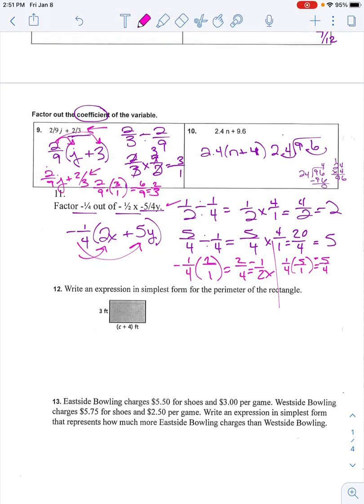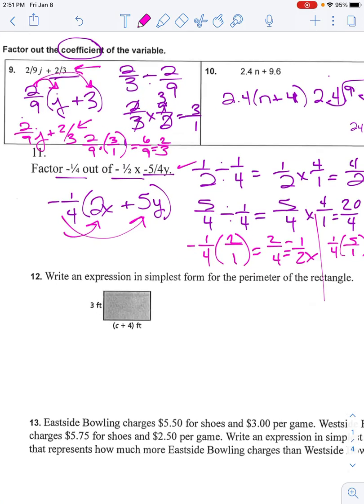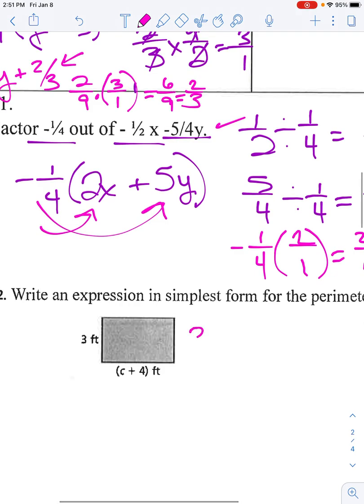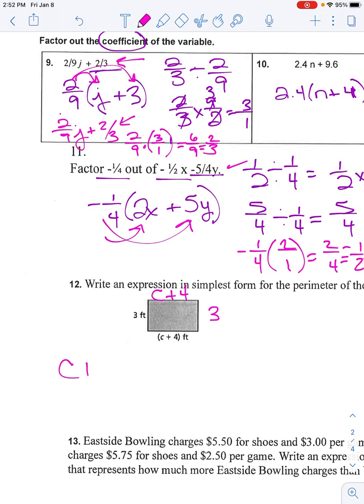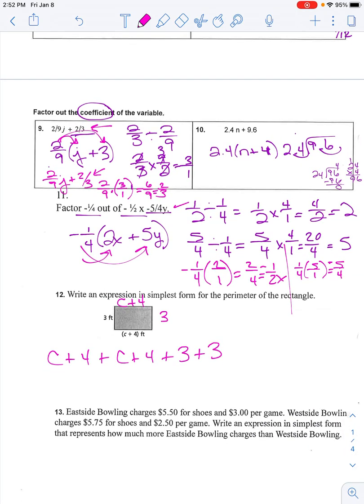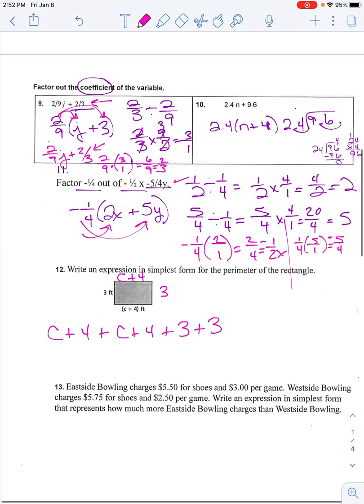All right, number 2, write an expression in simplest form for the perimeter of the rectangle. Okay, we know the perimeter is the distance around. So if that side is 3, the other side is 3, opposite sides are congruent, this side is c plus 4. Perimeter, distance around. So I have c plus 4 plus c plus 4 plus 3 plus 3.